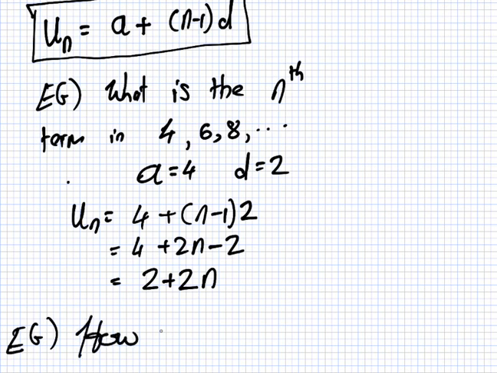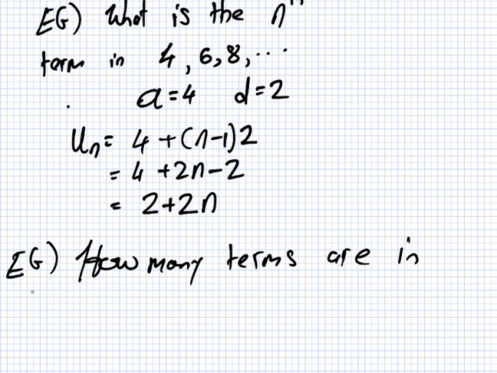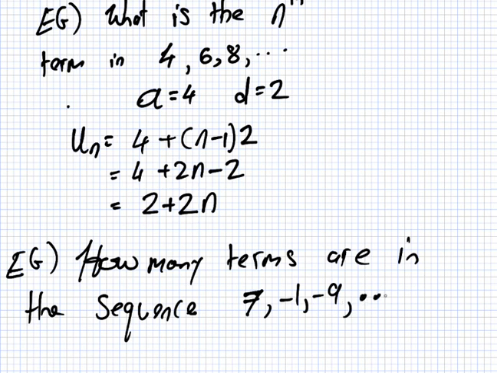How many terms are in the sequence 7, minus 1, minus 9, dot dot dot, minus 145?